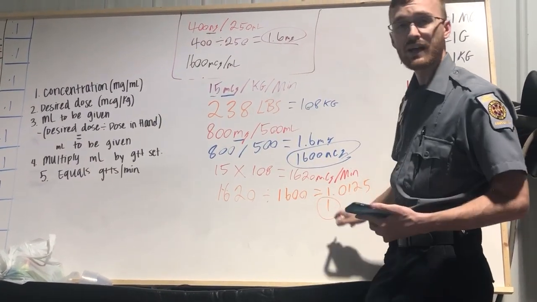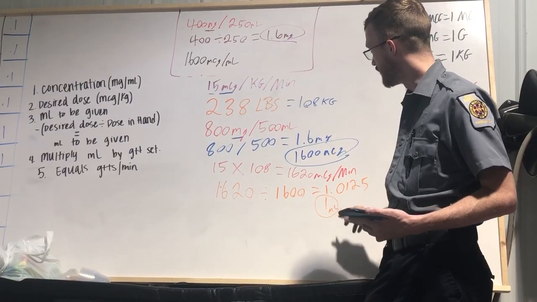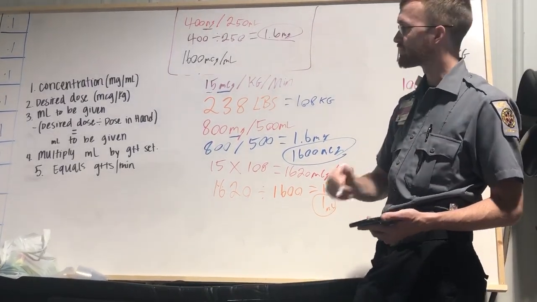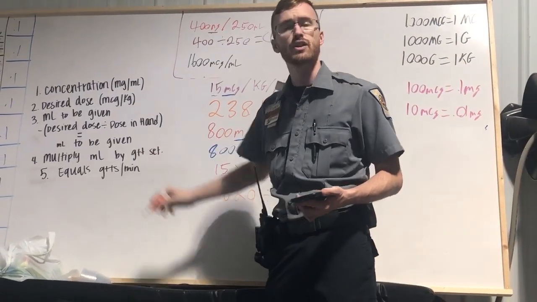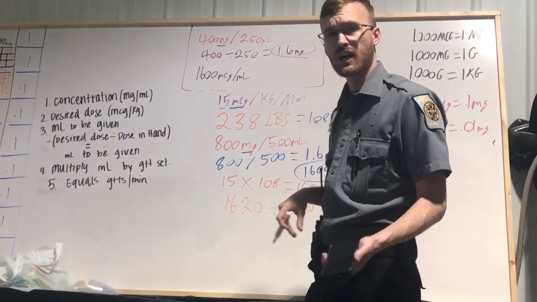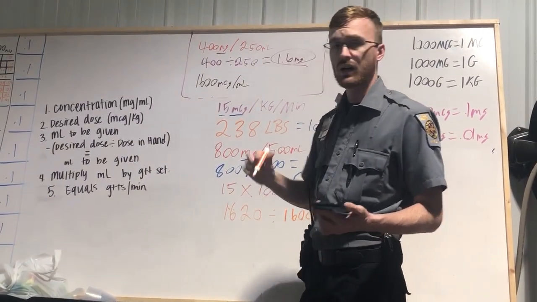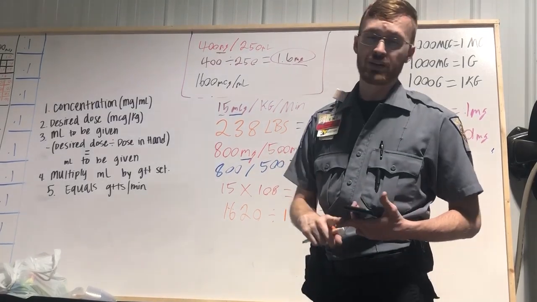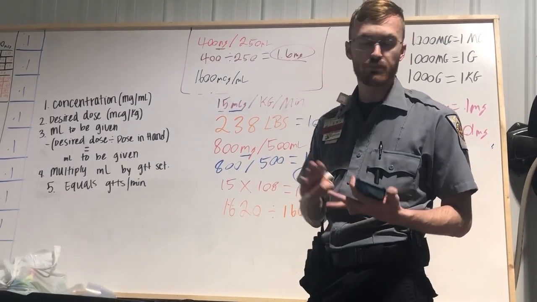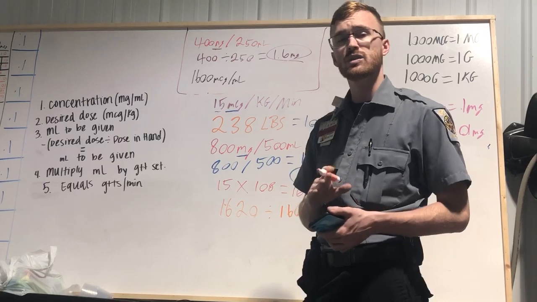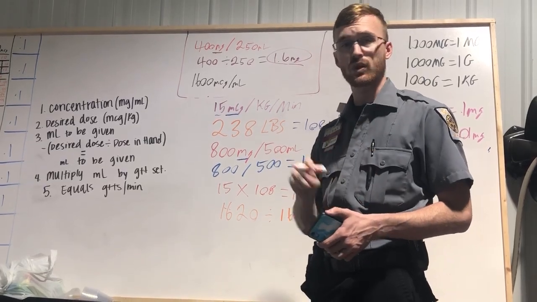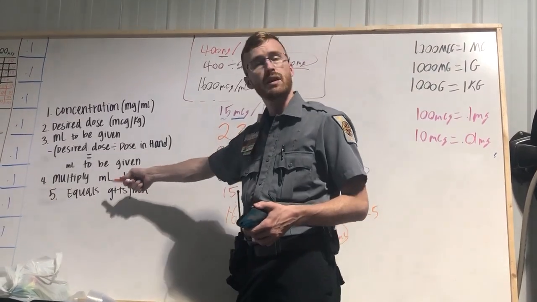So with that being the case, I now have 1 milliliter per minute. So I have to multiply my milliliters by my drip set. Anytime we are working with any type of drip, whether it be a dopamine drip, dobutamine, epinephrine, mag, we are always going to be working off of a 60 drip set. So we're going to multiply milliliters by your drip set.